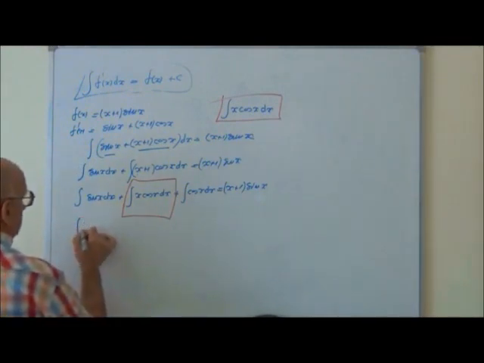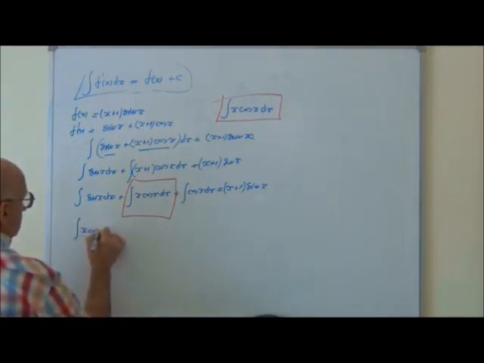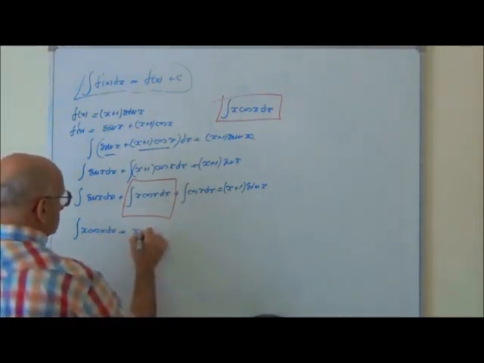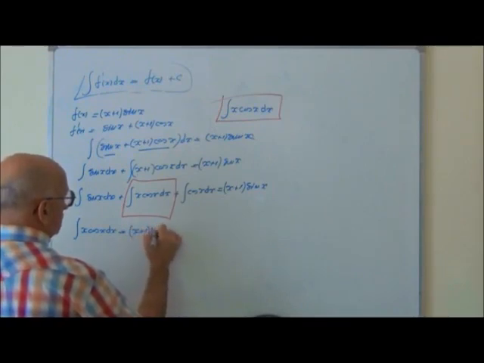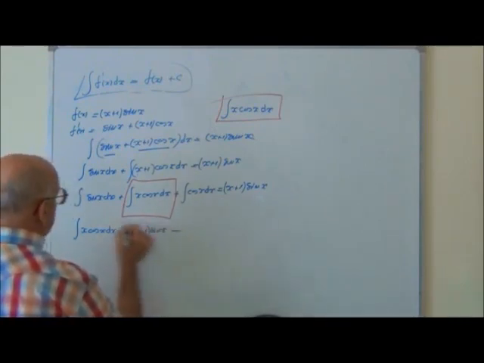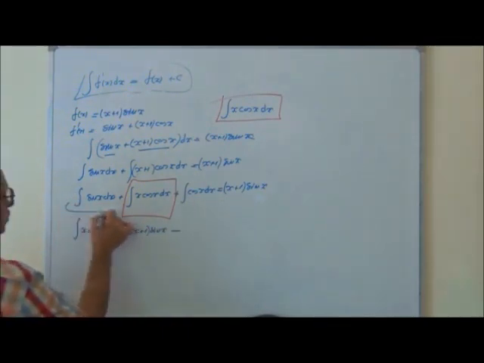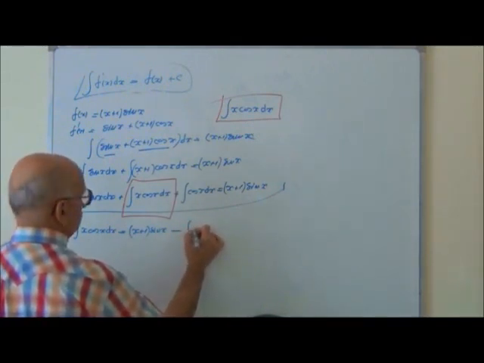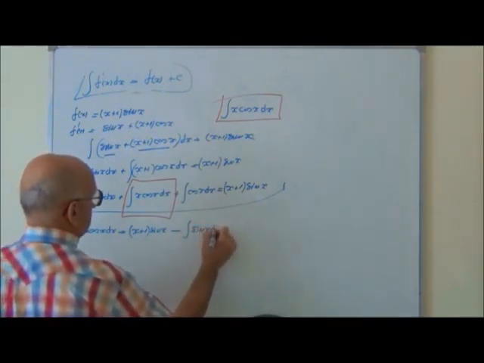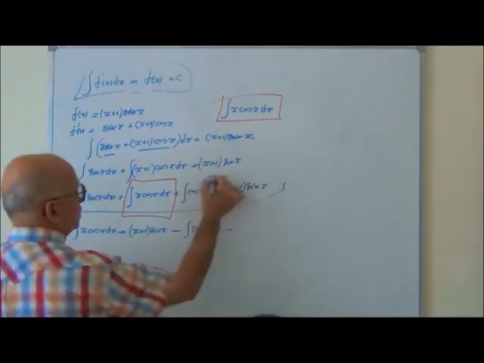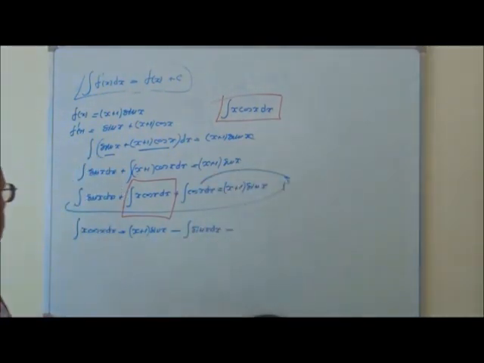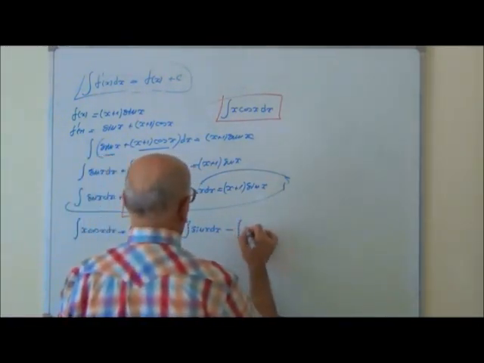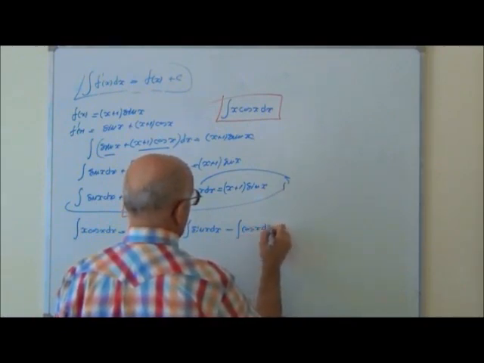Then the integral of x cos x dx equals x plus 1 sine x, minus, this going to the other side, minus integral of sine x dx, and also this one going to the other side, because on this side I need just that, minus integral of cos x dx.